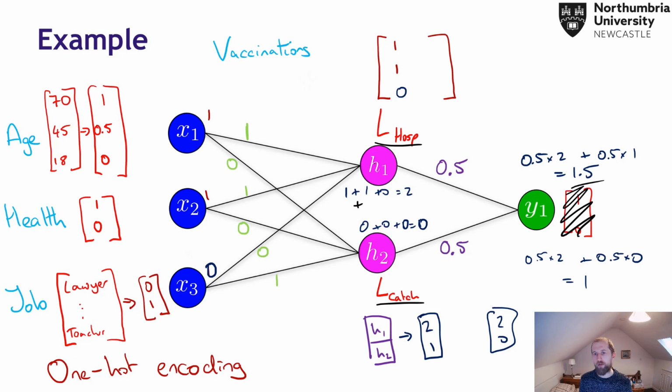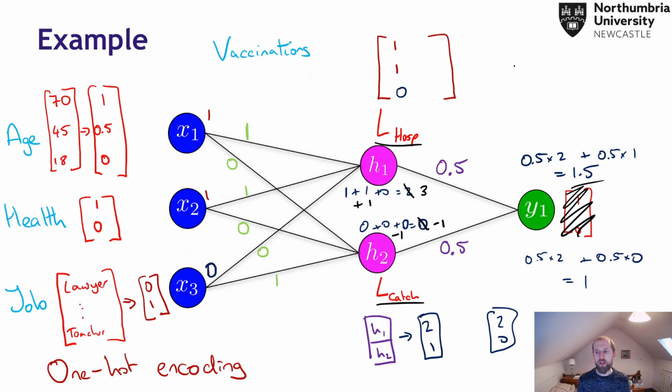So maybe the bias for H1 would be 1, and maybe the bias for H2 would be -1. And then you would get this one to be 3, and this one to be -1, in which case that impacts the results as well. So that's just something to consider. Not too important for this example. I don't want to overcomplicate things, but this is generally how neural networks work.